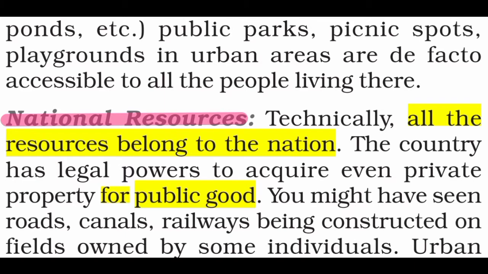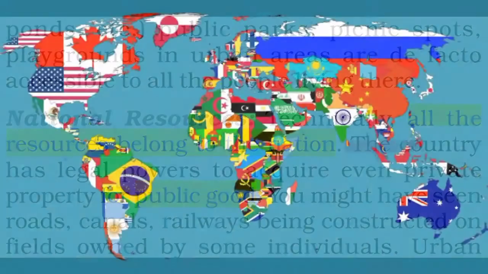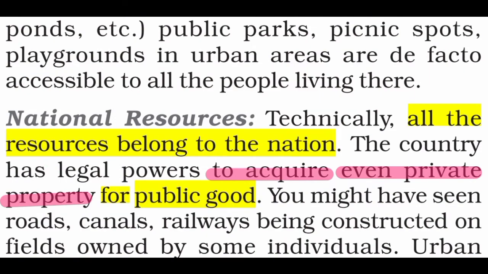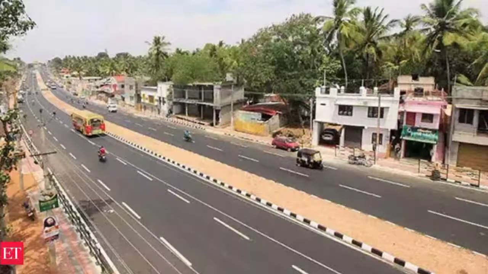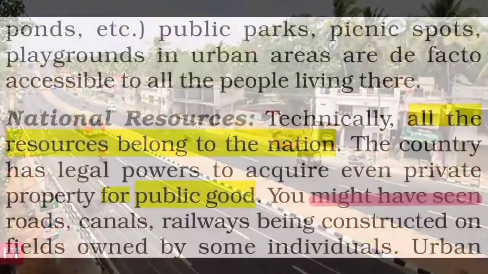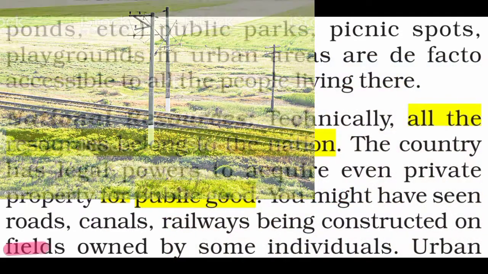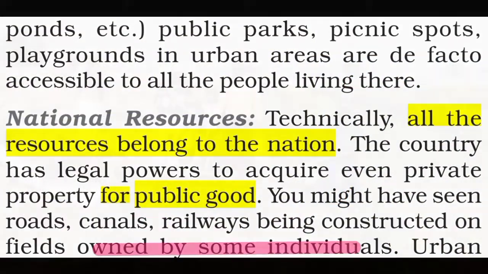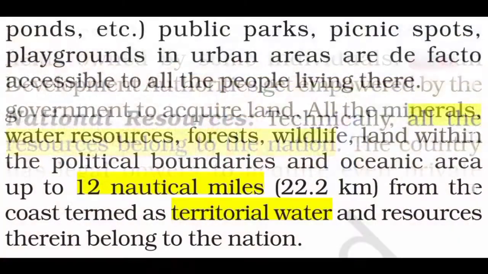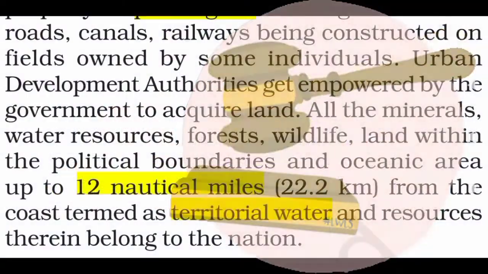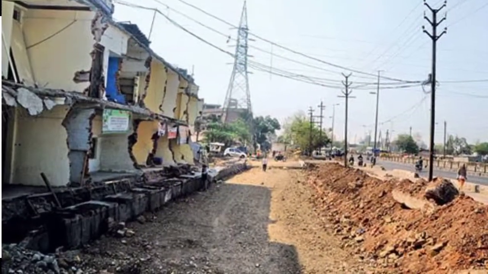National resources. Technically, all the resources belong to the nation. The country has legal powers to acquire even private property for public good. You might have seen roads, canals, railways being constructed on fields owned by some individuals. Urban development authorities get empowered by the government to acquire land.